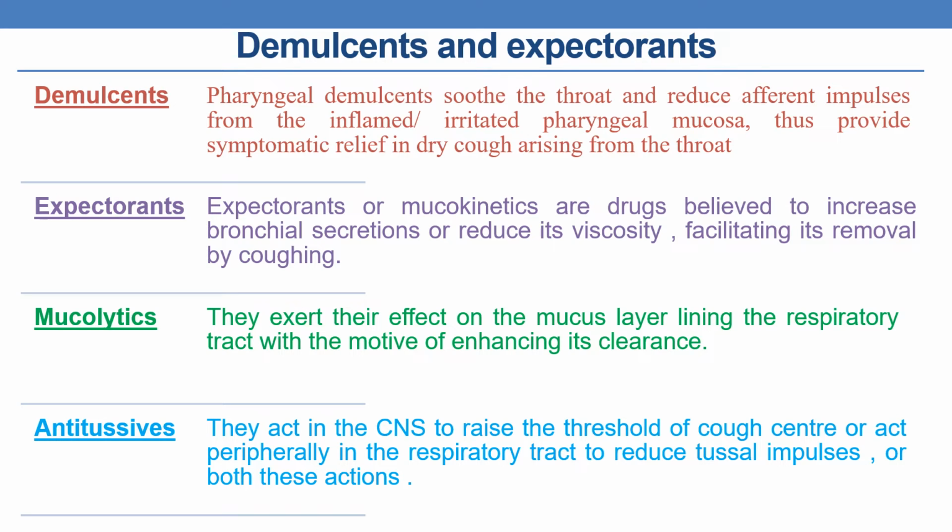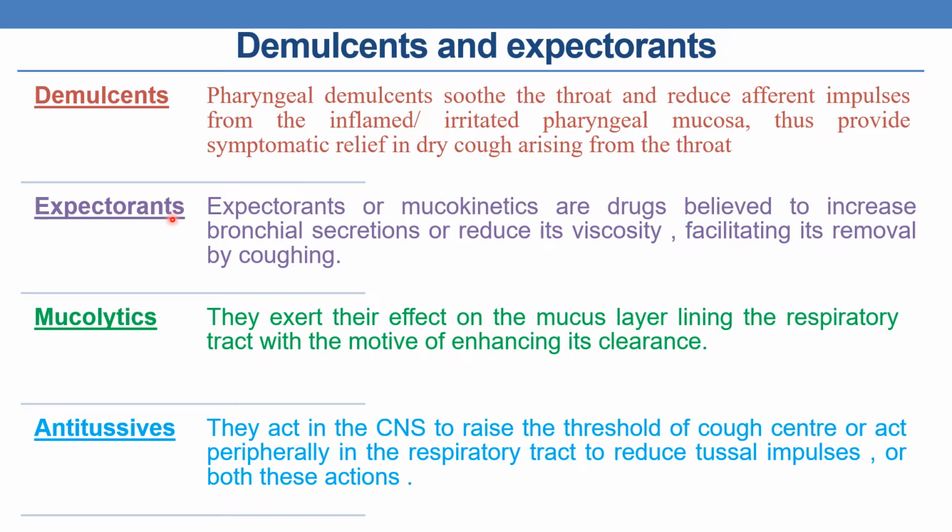Now let us discuss the definitions of demulcents and expectorants along with antitussives. First of all, demulcents. What are demulcents? Pharyngeal demulcents soothe the throat and reduce the efferent impulses from the inflamed or irritated pharyngeal mucosa. Thus, they provide the symptomatic relief in dry cough arising from the throat.